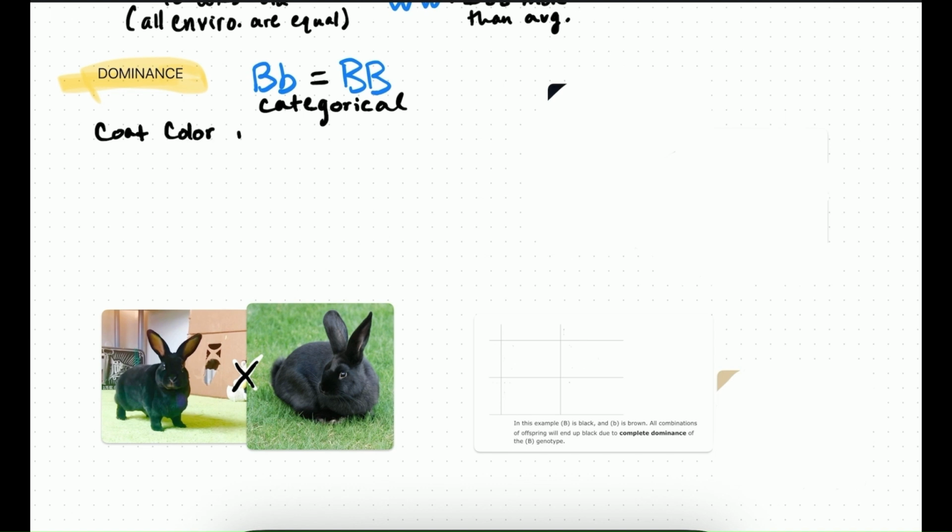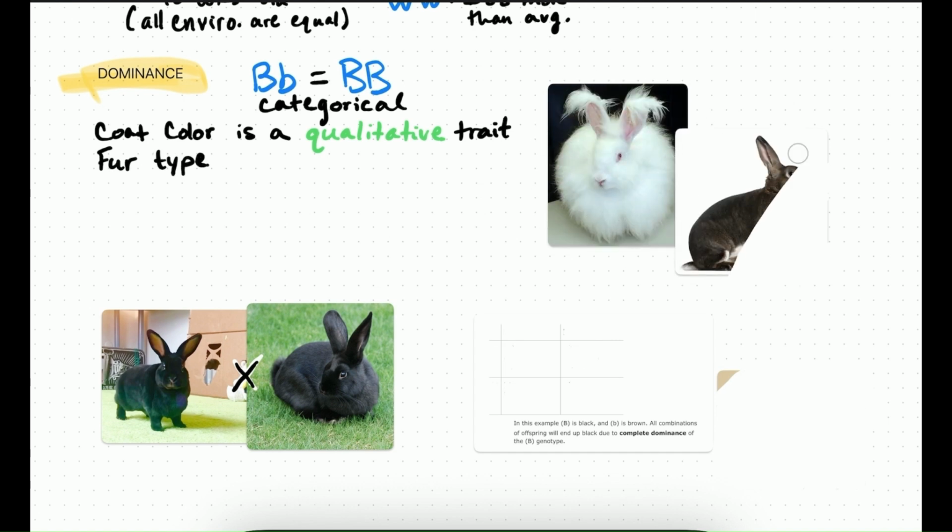So coat color is a qualitative trait. Fur type, such as Angora, Rex, is also a qualitative trait. So the example with our W's is more for our quantitative traits where we have partial dominance, but in traits that are more qualitative, such as coat color, we usually more so see complete dominance.